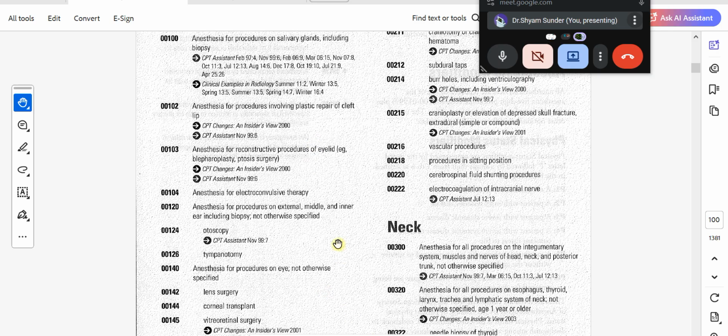Now I'll ask a quick question. Cataract eye surgery is done. The patient is undergoing eye surgery. The anesthesiologist is giving anesthesia. Which service code will you report for the anesthesia service?